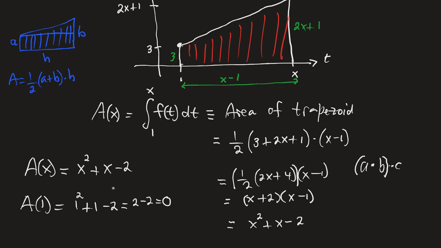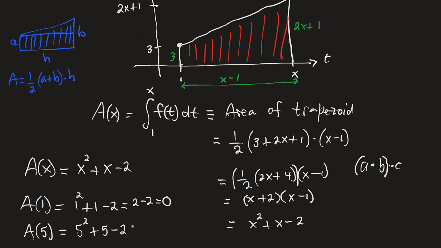So we get a value of 0, right? What's interesting is, if you were to take a value of x that's bigger than 1, so let's say you wanted to know the area of that trapezoid when x is equal to 5, all you'd have to do is plug 5 in, and you'd have 5 squared plus 5 minus 2.